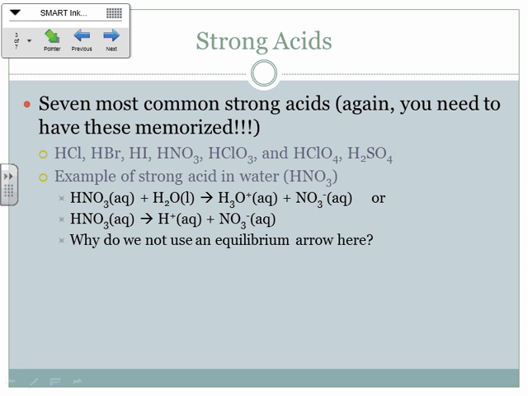Those are your strong acids, your most common ones. Hydrochloric, hydrobromic, hydroiodic, those 3 are in the halogens column. Now you would think, based on that trend, that hydrofluoric, HF, would also be a strong acid.